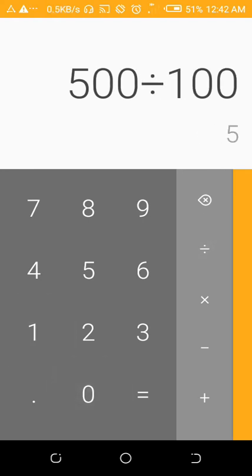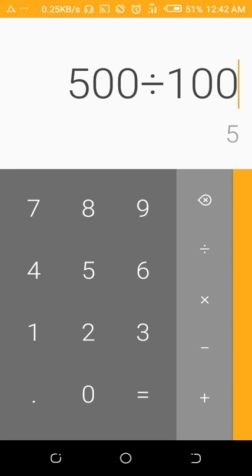So that's 500 divided by 100. Now that's 5. So 2.5% of 200 is 5. When you fund $200, you have to use $5 of the $200 for each trade.